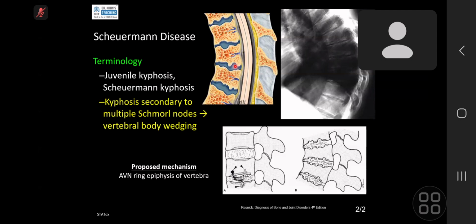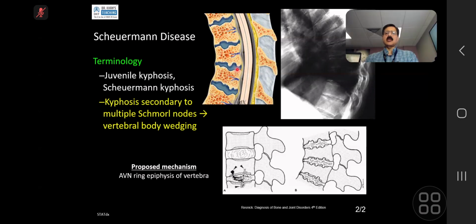Adolescent means, as the name tells you, it always happens in the adolescent age group. There will be multiple Schmorl's nodes, and anteriorly the vertebrae will be more compressed as compared to the posterior side, overall giving a kyphosis.